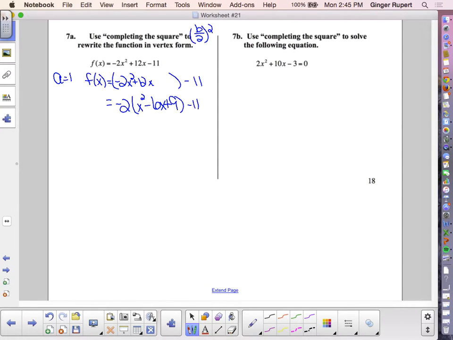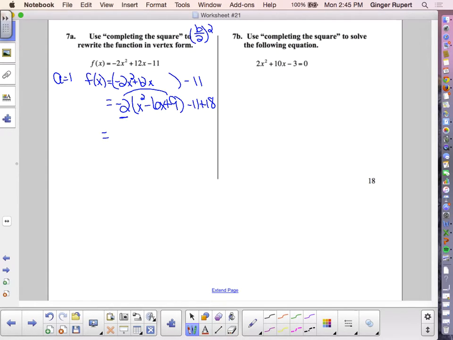Then I must also consider the fact that I have a scalar multiplier on the front. So I have to multiply the 9 by a negative 2. So what I have really done is here I have added a negative 18 to both sides. So therefore I must add 18 to maintain the integrity of that equation.